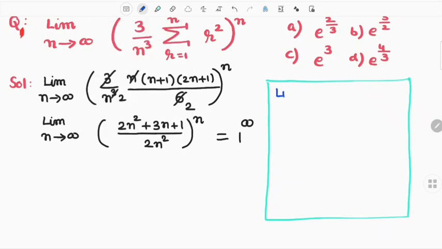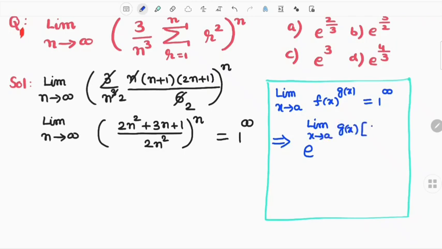If the limit, as x tends to a or infinity or anything, of f of x whole power g of x is of the form 1 power infinity, then the given limit can be written as e power limit x tends to a of g of x into f of x minus 1. This is the way you have to write it.